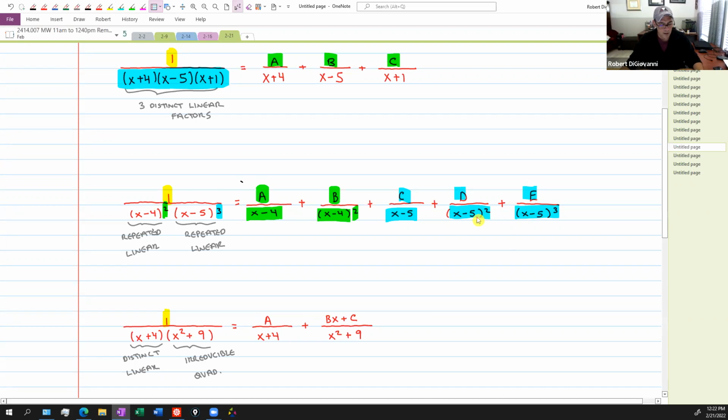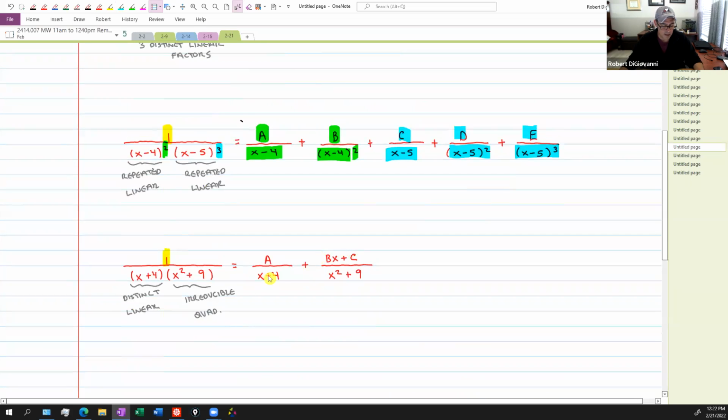Okay. Now look at this second to last example I had. Here I have a distinct linear factor, x plus 4. So I know I'm going to need a generic letter over that. All right, now the other one, x squared plus 9, is an irreducible quadratic. X squared plus 9 does not factor. And anytime you have an irreducible quadratic, you have to do something special.